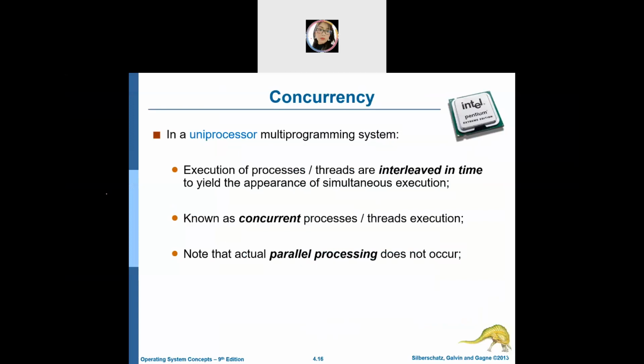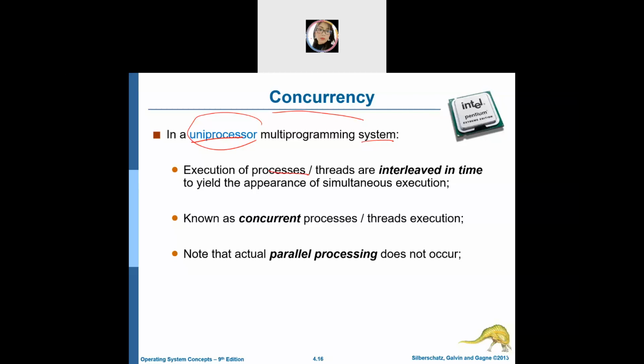So concurrency normally is in a uniprocessor multi-programming system. With a uniprocessor, you already know that you have only one processor, and we apply concurrency. And concurrency will execute processes.